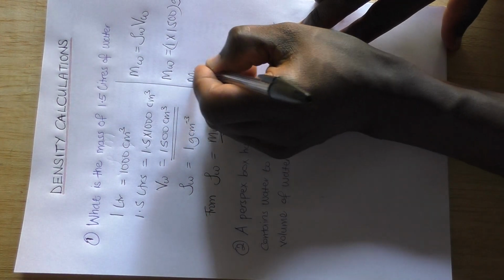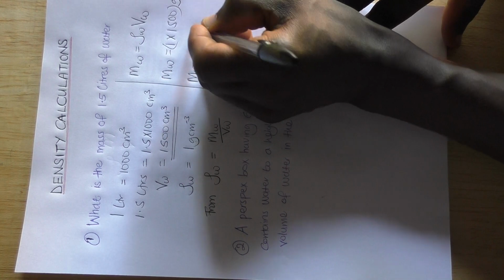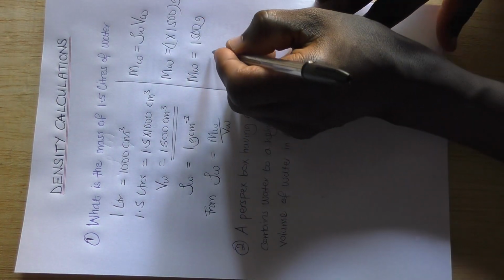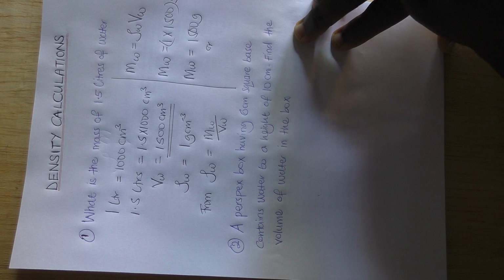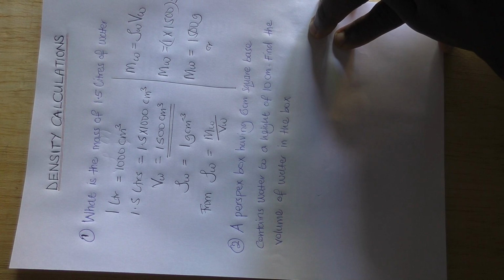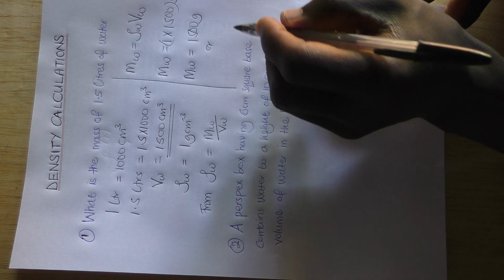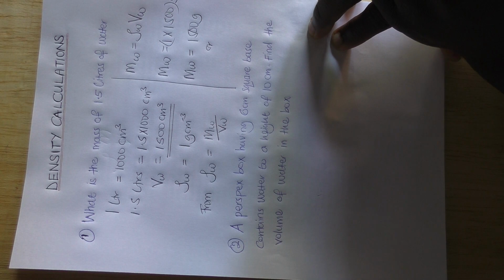Hence, the mass of water is given as 1,500 grams, or we can change this to the SI units, which are kilograms, by dividing through by 1,000.